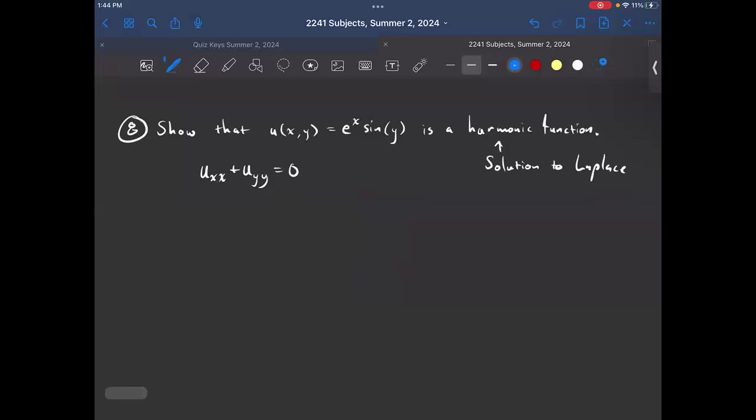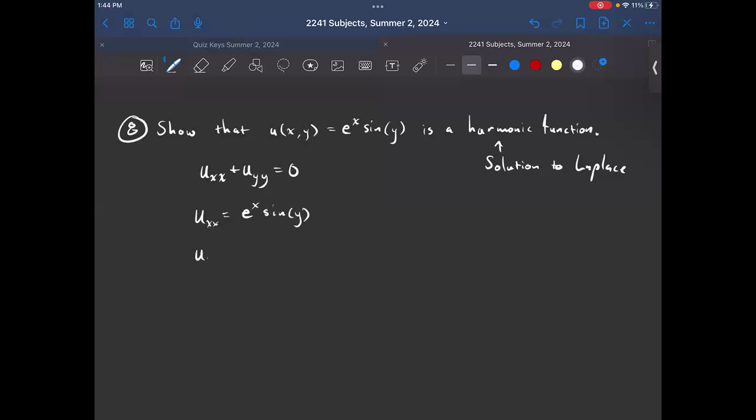All right, so let's show that this does work, that if I take the second unmixed partials of u and add them together, I get 0 out. That's how I check this. So I just need to compute u_xx. All right, so I take two derivatives with respect to x. The sine of y has no x's in it, so I just take the derivative of e to the x. But that derivative is itself, twice.